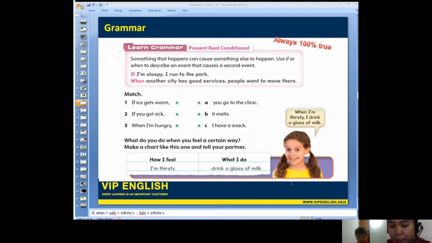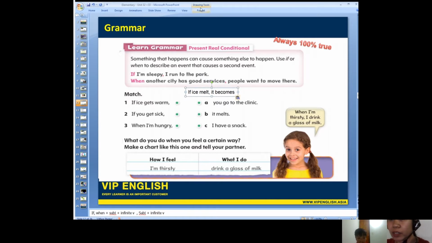So what will happen to ice if it melts? Melting. Melt. Melting. Is that hard? Here. If ice melts, can you see my screen?